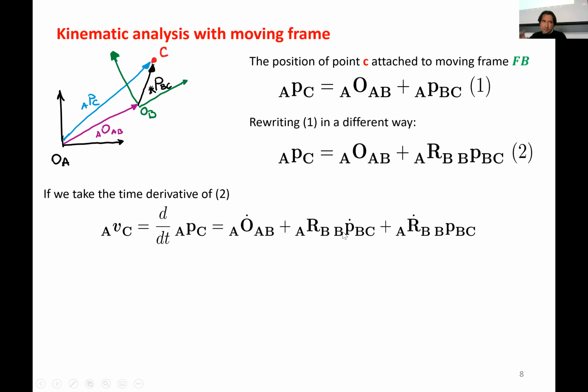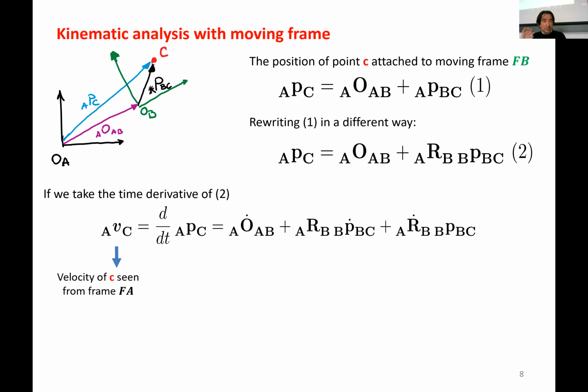But then, we have a multiplication of two variables depending on time. So you need to use the rule where you keep one constant and take the derivative of the second one, and so on, and the chain rule. And this becomes this. So let's look at each term one by one.